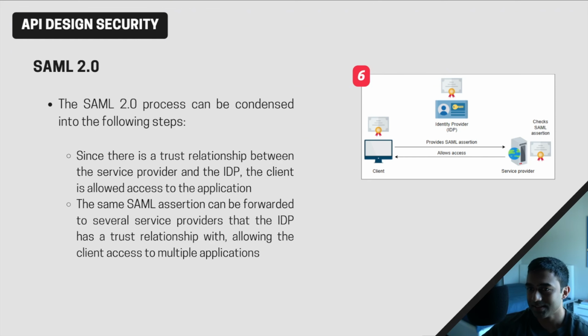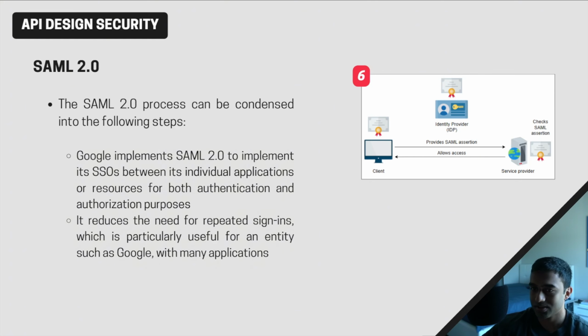And then, since there is a trust relationship between the service provider and the IDP, the client is allowed to access the application, and the same SAML assertion can be forwarded to several service providers that the IDP has a trust relationship with, allowing the client to access multiple applications.